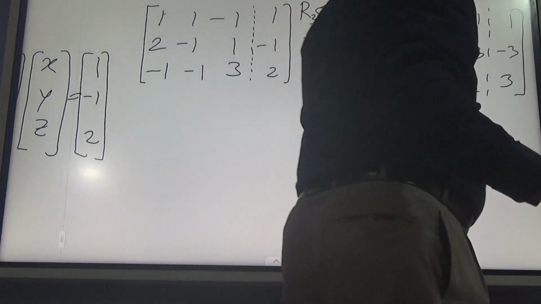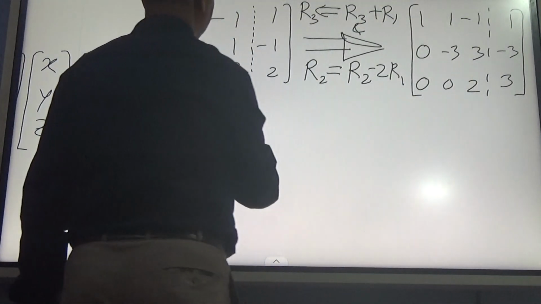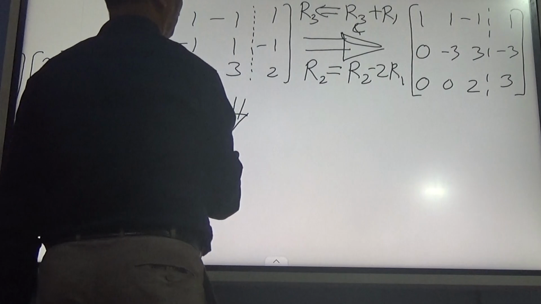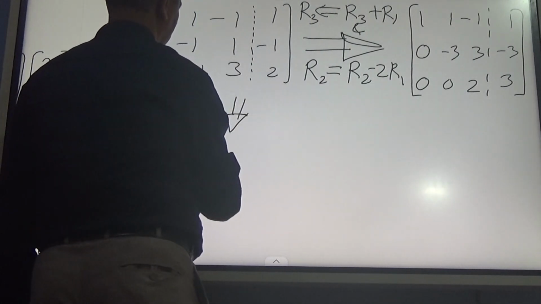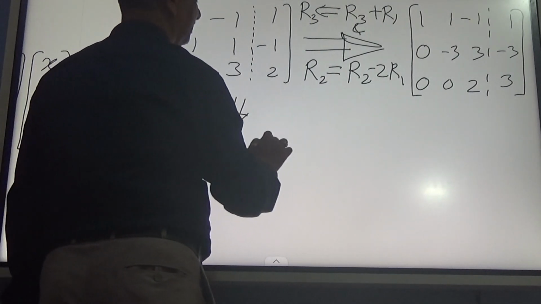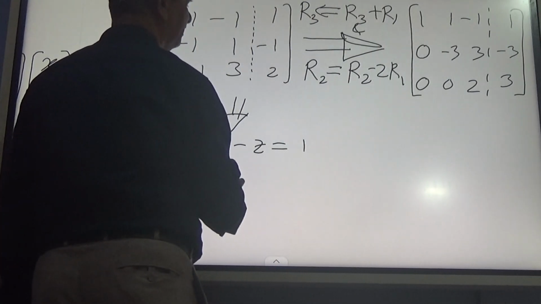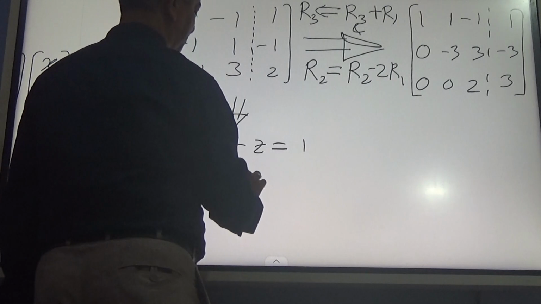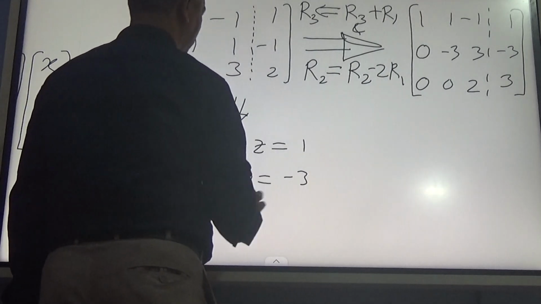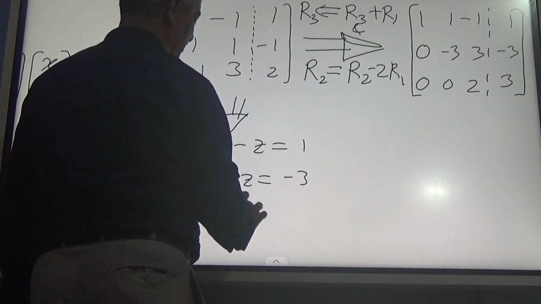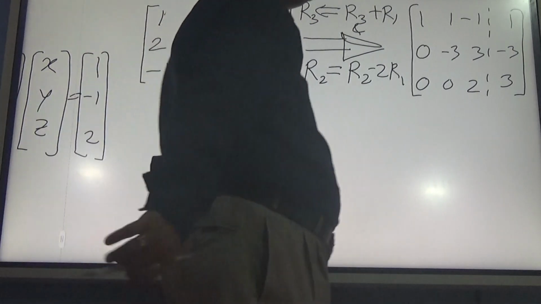So directly you get the equations straight away. First equation remains unaltered, x plus y minus z equal to 1, minus 3y plus 3z equal to minus 3 and 2z equal to 3, and thus you get the answer.